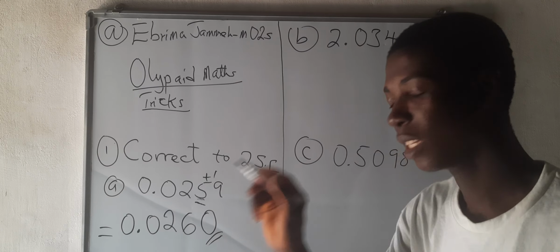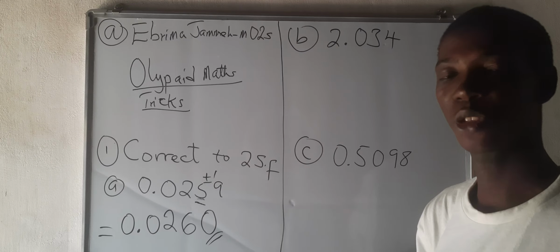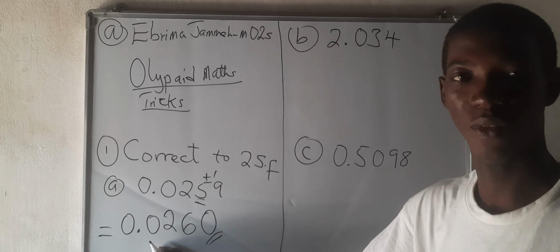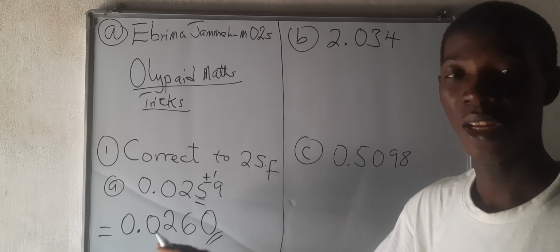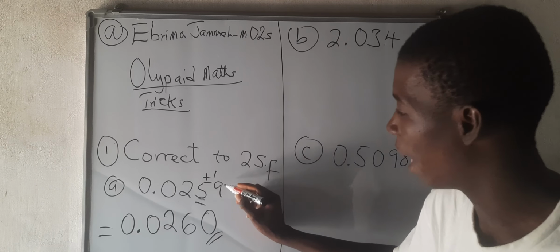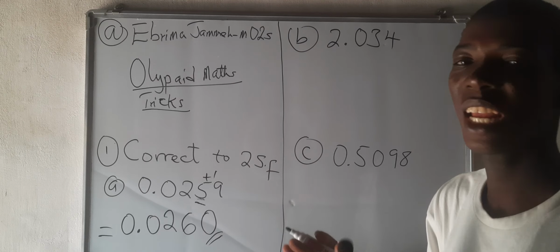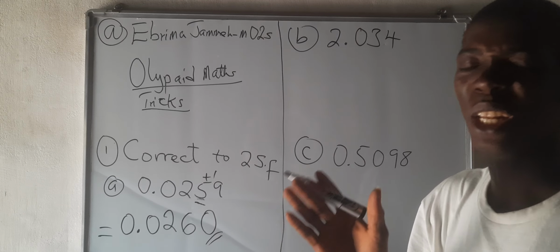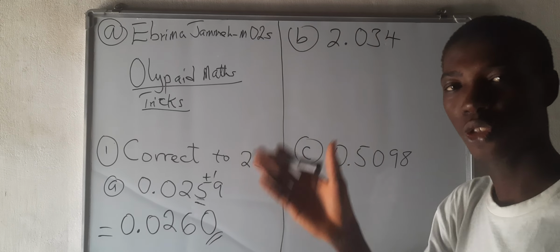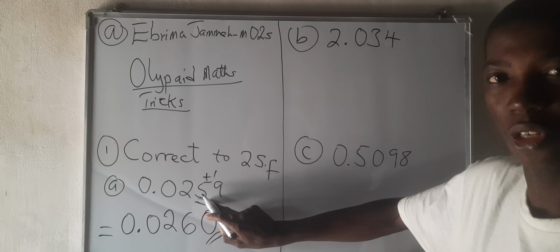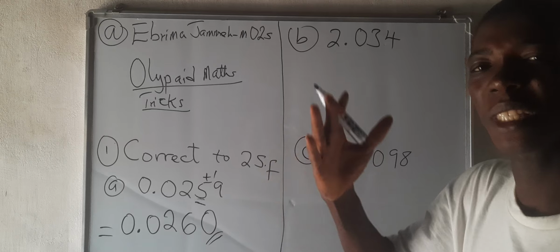So this is my 2 significant figures. Also, like this 9 here, some will bring down this 9. This is very wrong. Immediately after rounding up or rounding down, the remaining numbers after the point of concentration, represent them as zeros.